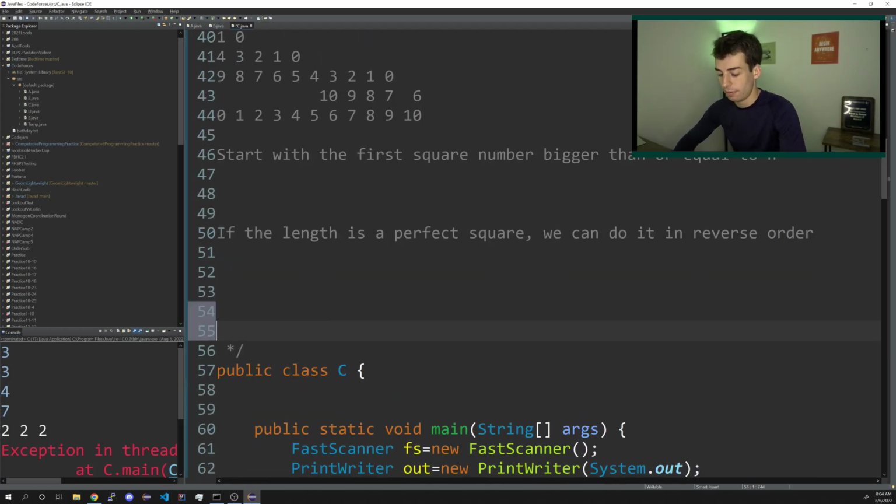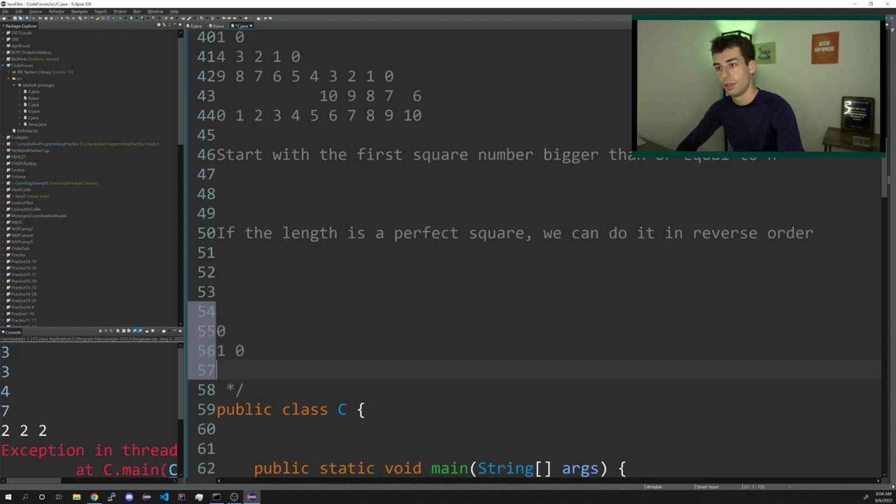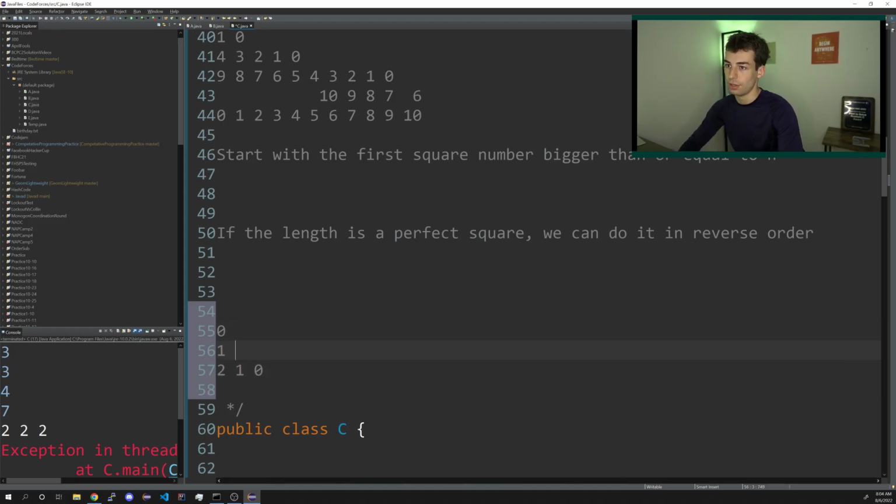Okay, so I have 0, 0 or 1, 0, or 2, 1, 0 even. No, 1, 0, 4, 3, 2, 1, 0. Yeah, okay, so start is 4.